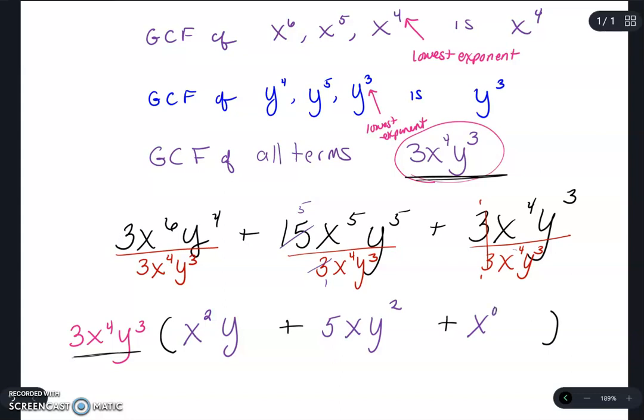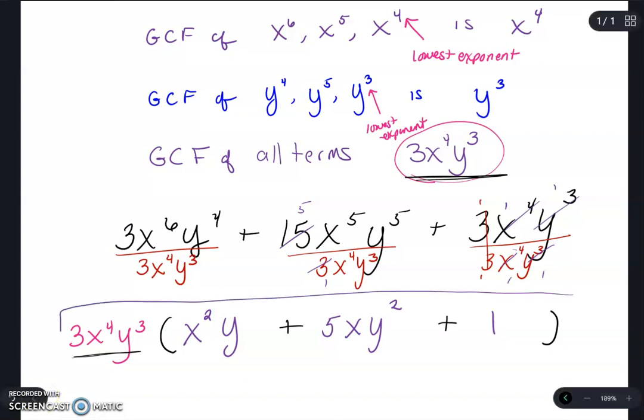So if I have x to the 0, that would be 1. Anything over itself is 1. Y cubed over y cubed is 1, so I'm going to have a plus 1 on the end there. And then I look, I can't combine any like terms because I don't have any exact same variable parts. And that is my answer for this one.